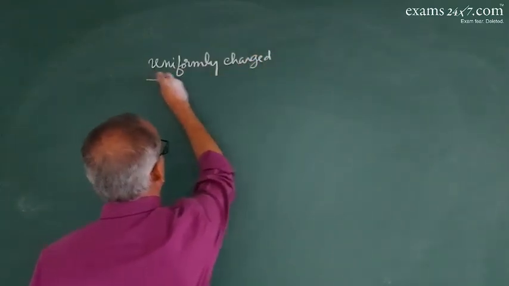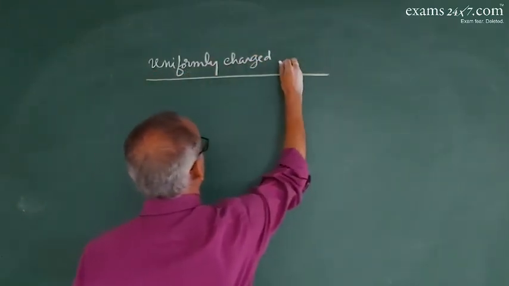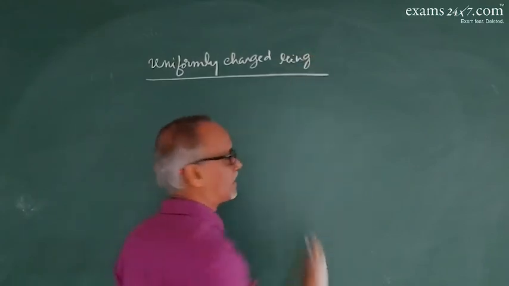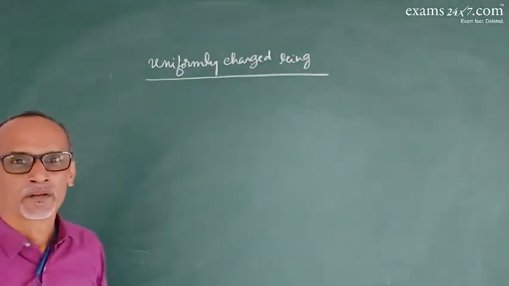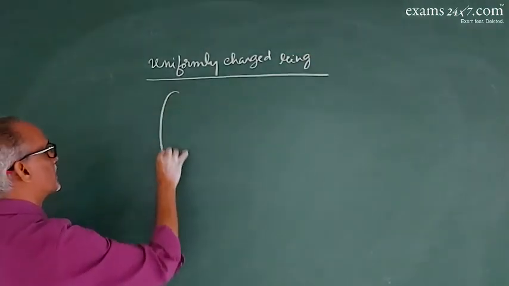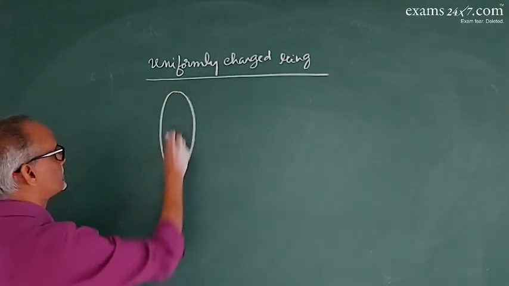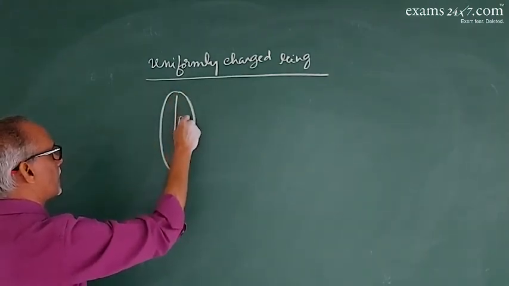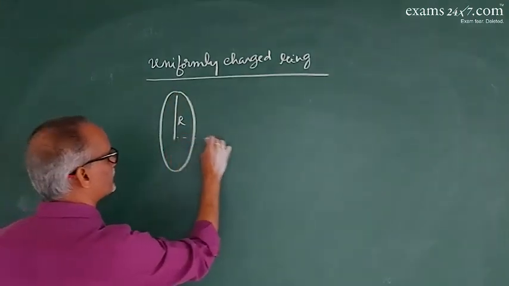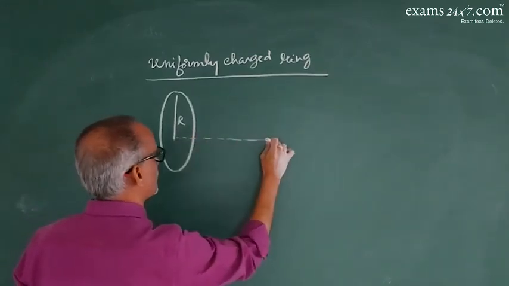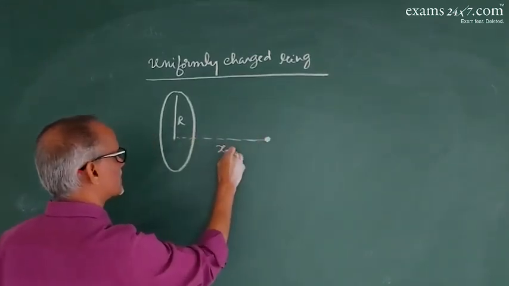The next charged body is a uniformly charged ring. In the case of a uniformly charged ring, let R be the radius of the ring, this is the axis of the ring, and we are going to consider a point at a distance x.